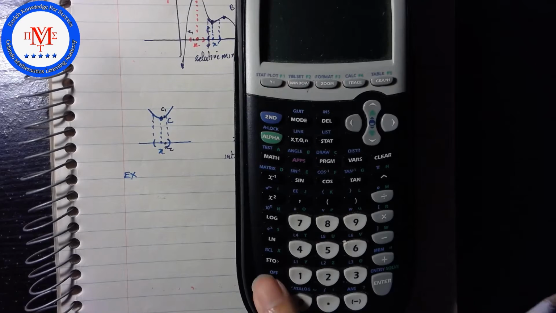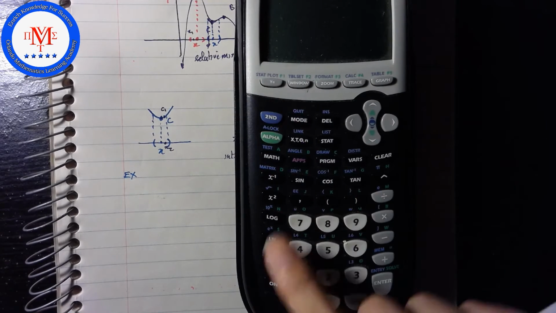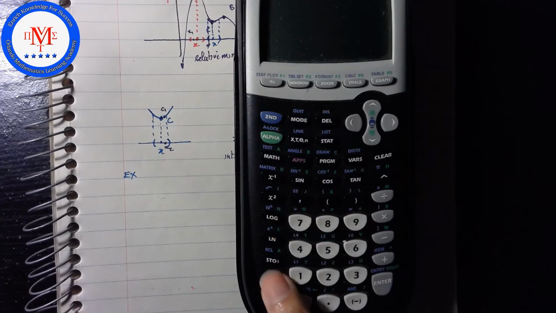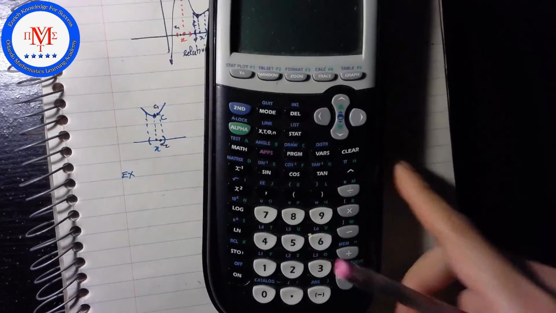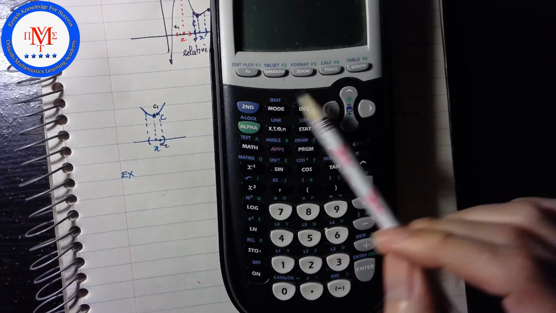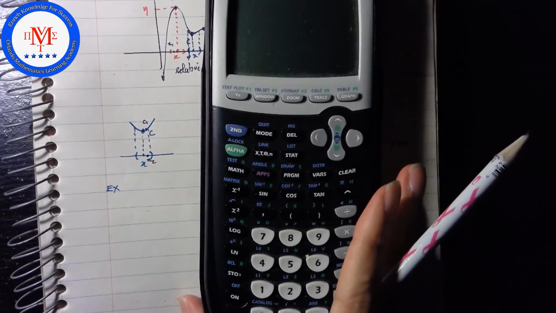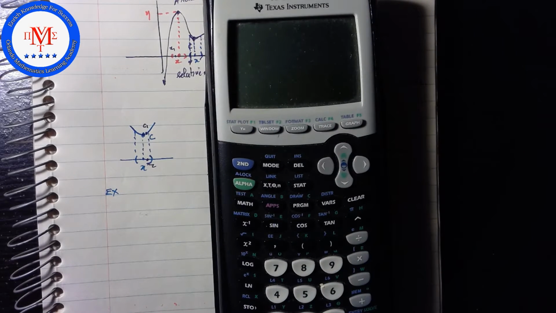I don't have battery anymore, but it's around here. If you hit second trace, it gives you a window that tells you the maximum and minimum, then you just hit that and it gives you the answer.